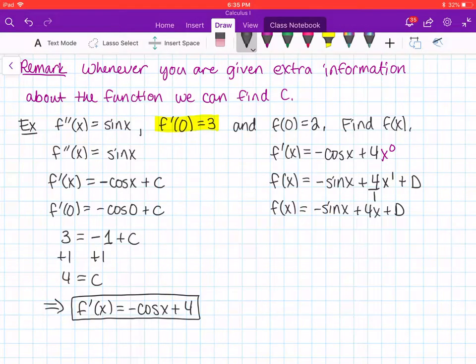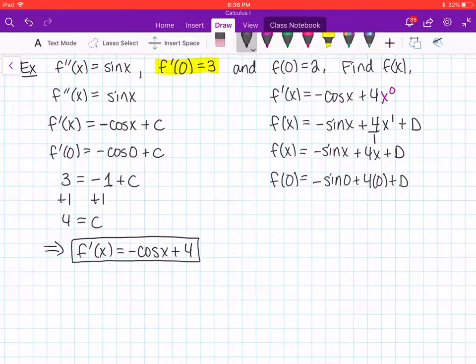We know f of 0. So whenever I see an x, I'm going to put a 0. We also know, on the other hand, that f of 0 equals 2. Sine of 0 is 0, plus 0, plus d.